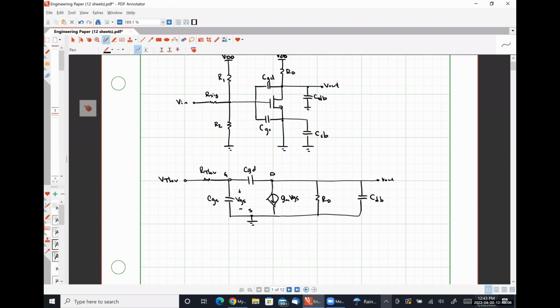So what our first topic of today is going to be about is what's called the Miller method, wherein we can take a circuit like this, where we have a known transfer function between this point in our circuit, which is the gate, and this point in our circuit, which is the drain.